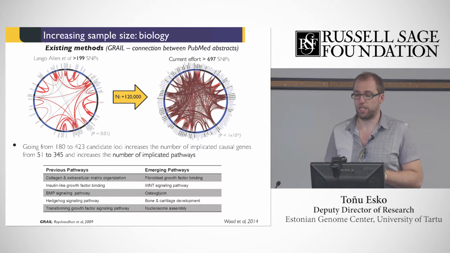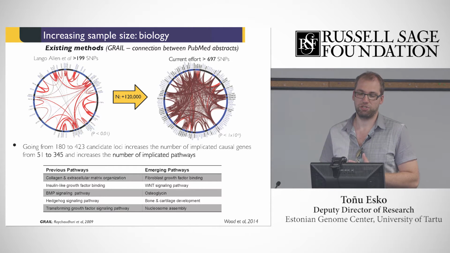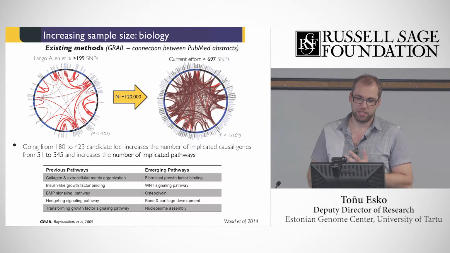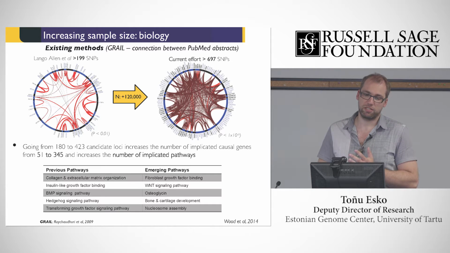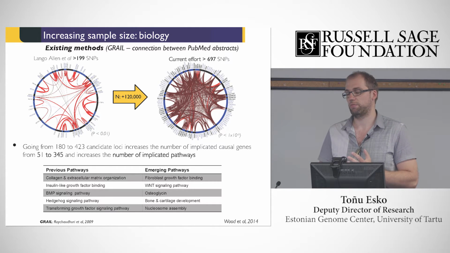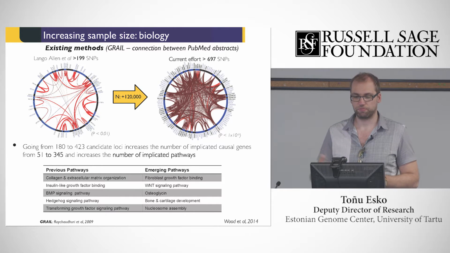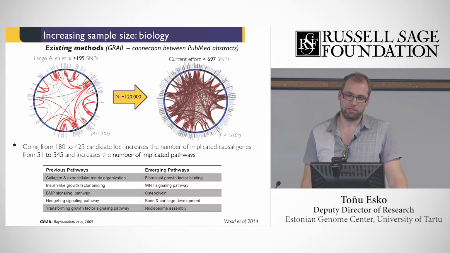It used to be a very popular tool in the GWAS field for a while, but now I think it's pushed out by DEPICT. But basically what GRAIL does, it looks for whether two genes, or your RS number and the genes, are co-mentioned in a PubMed abstract, and if they are mentioned together in the abstract, then it prioritizes those variants and genes.